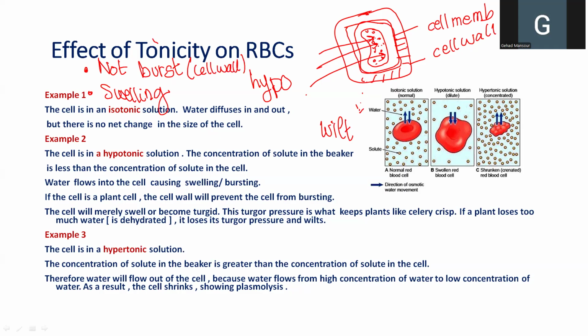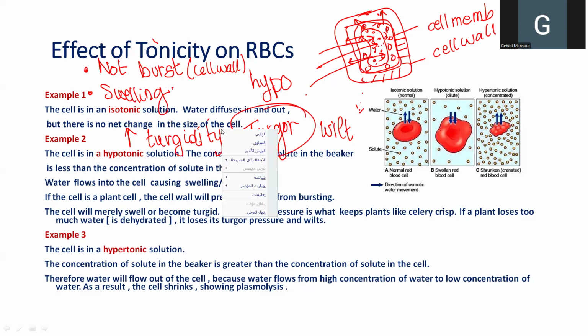But what happens is that this swollen sap vacuole will have increased pressure on the cell wall. So there will be increased hydrostatic pressure inside the sap vacuole. This will make the plant cell turgid and stay vertical and upright. And this means that we have increased turgidity, and therefore the hydrostatic pressure is called in such a case the turgor pressure.